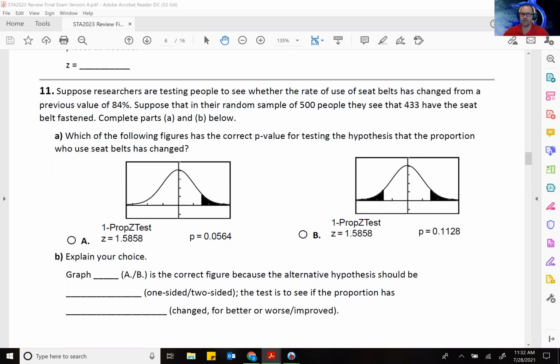So in part B, obviously, we already know the first answer: graph blank. So it is graph B. Is the correct figure because the alternative hypothesis should be blank. Two-sided.